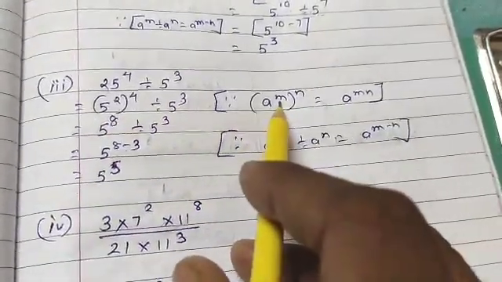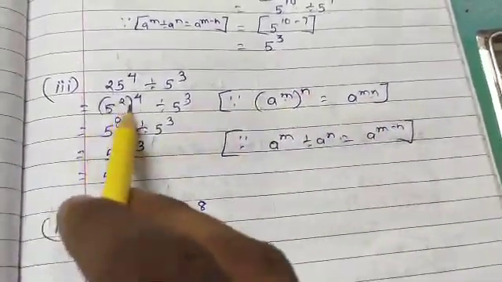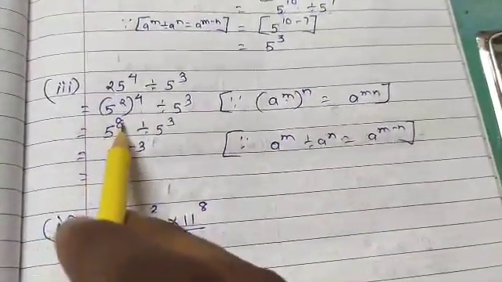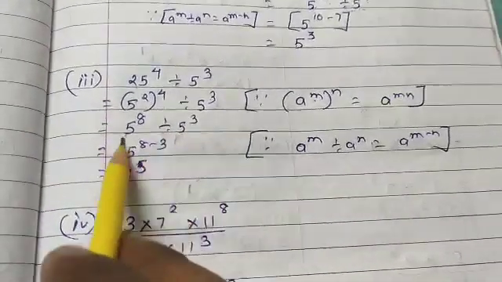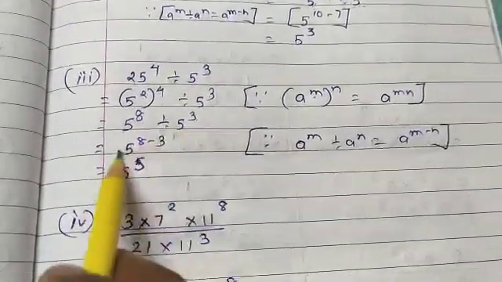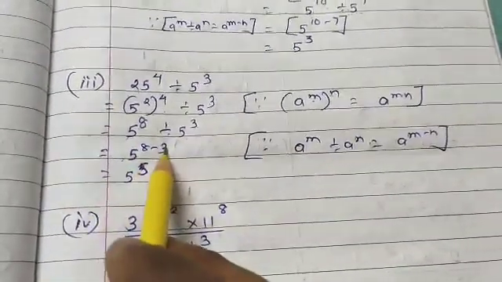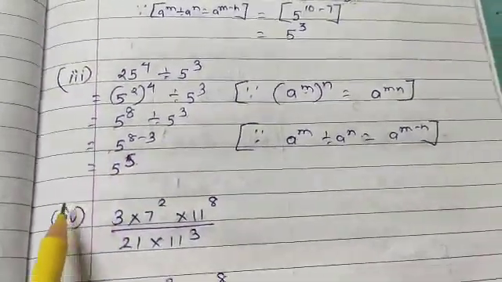As power to the power, we have to multiply both the powers, that means 2 times 4 is 8, that means 5 raised to the power 8 divided by 5 raised to the power 3. Then here the bases are common, and 5 raised to the power 8 divided by 5 raised to the power 3, so we have to subtract the powers, that is 5 raised to the power 8 minus 3. So 5 raised to the power 8 minus 3 gives 5 raised to the power 5.